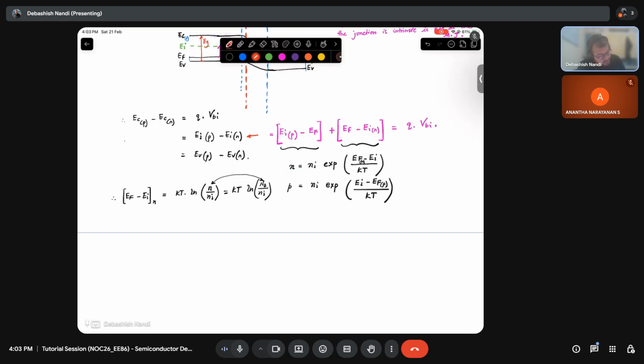Similarly, for this, I can write EI minus EF equals KT ln p by Ni, that is KT ln Na by Ni. Fine. So what will be the sum of these two?